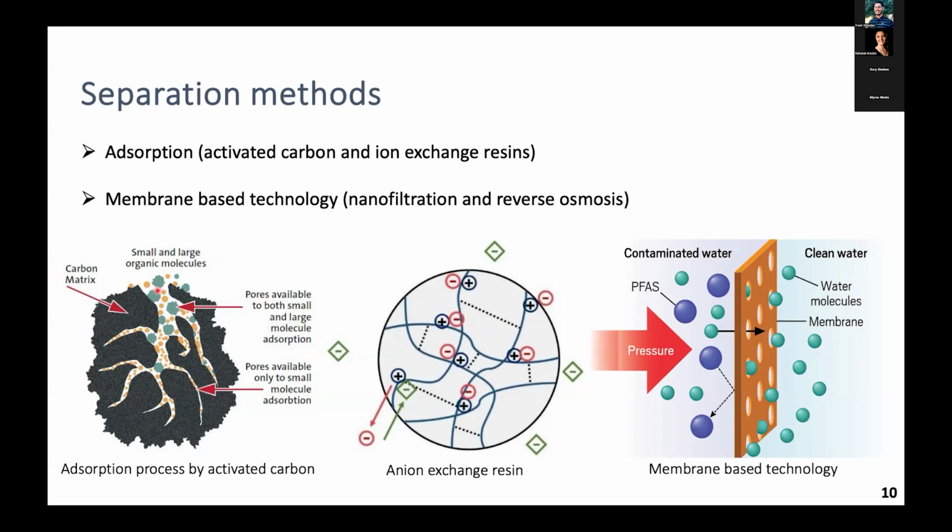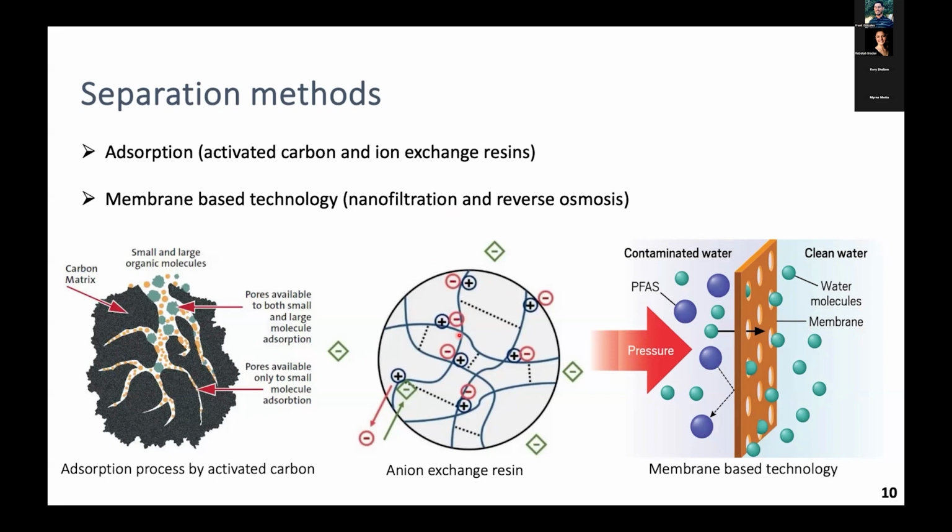The molecules are adsorbed onto the activated carbon due to the PFAS molecules having a large hydrophobic component. So if you have a long carbon chain, it's quite hydrophobic. It will adsorb very strongly in the micropores of the activated carbon. And the longer the chain, the stronger the adsorption. Very short chains don't adsorb as much. In ion exchange resins, the principle is the same in the sense that you're going to adsorb, but now you're going to focus in on the charged part.